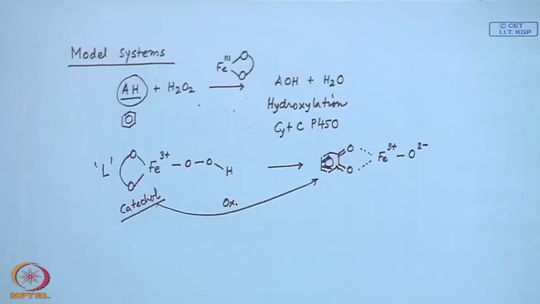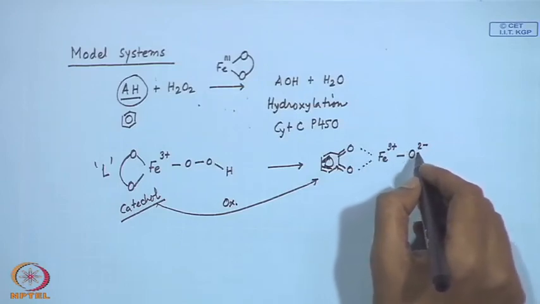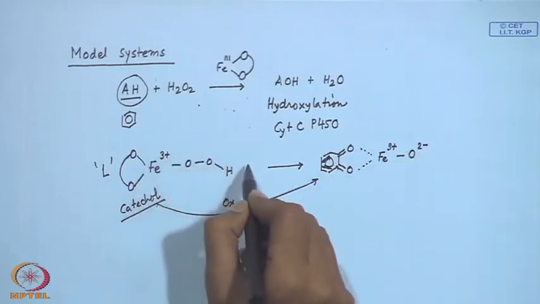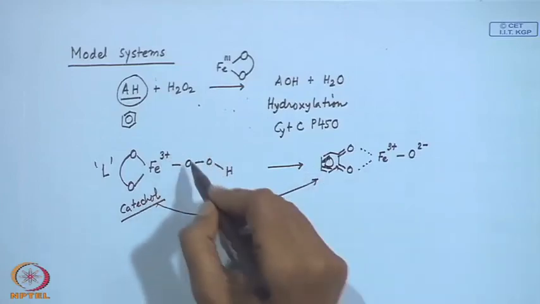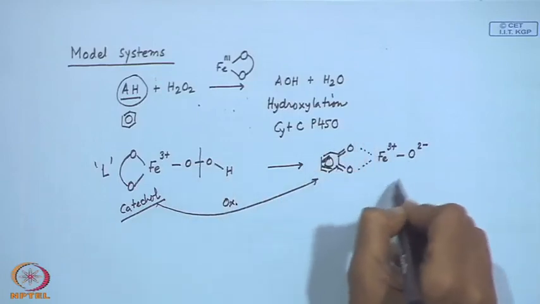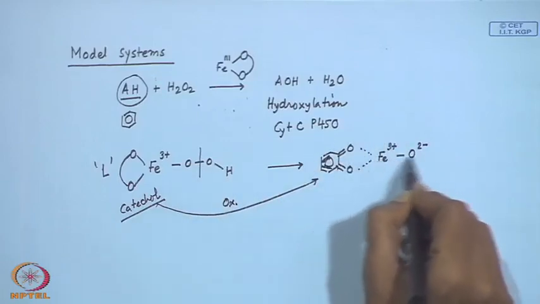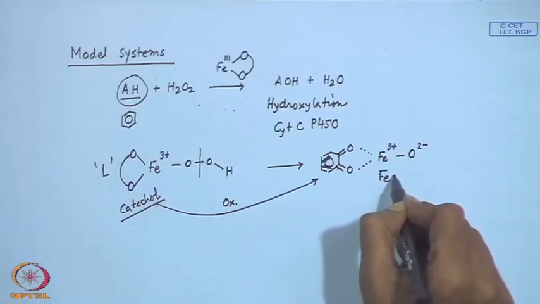At the same time, it may be loosely bound to hydrogen peroxide, and then you have the O-O bond cleavage, that means some interaction where you have the Fe-O interaction, it can be your Fe=O also.